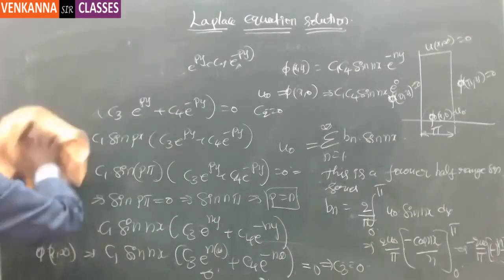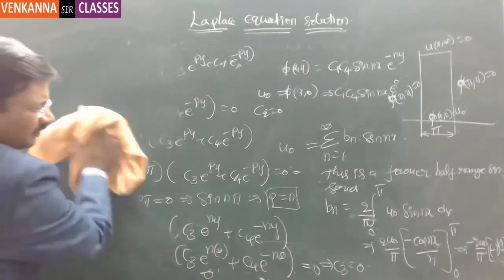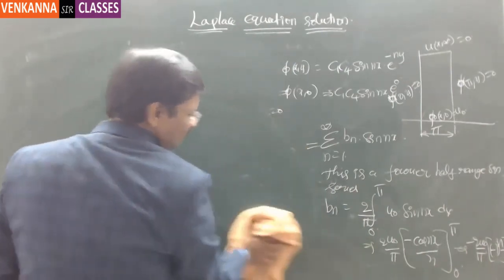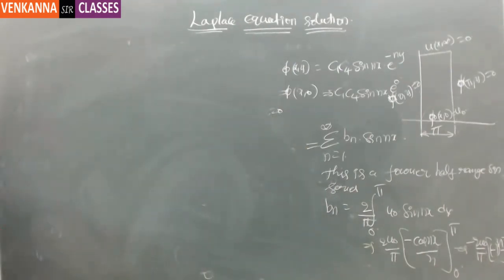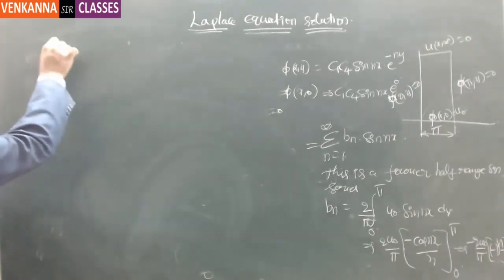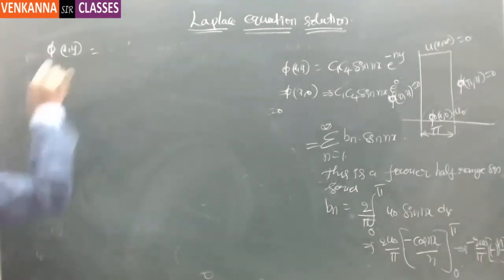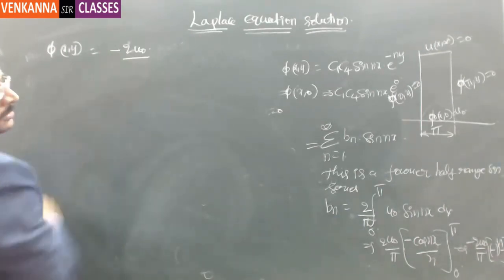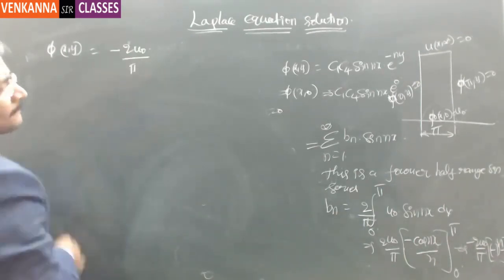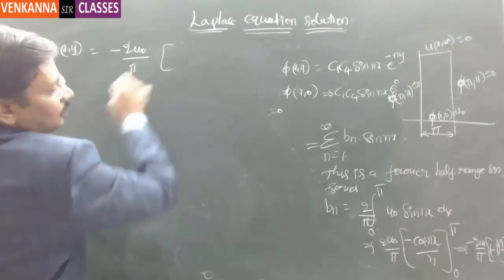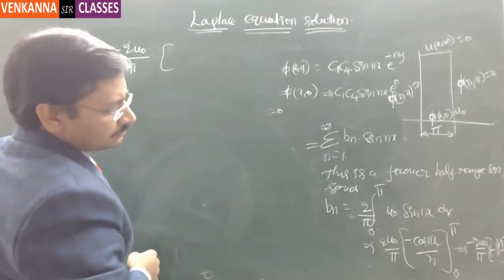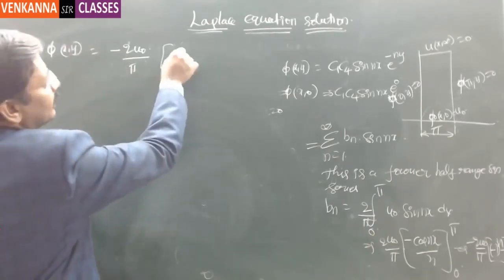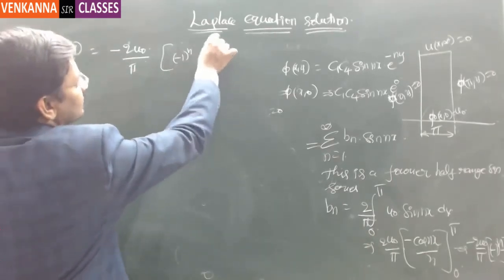So now the final solution, based on this understanding, is phi of x comma y is equal to minus 2 u naught by pi into minus 1 whole power n minus 1.